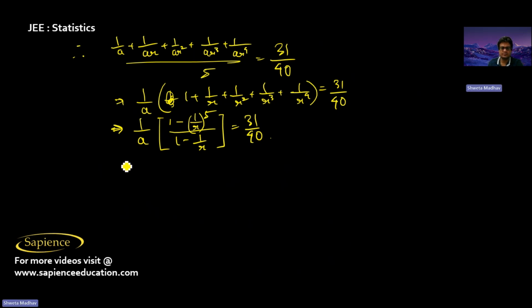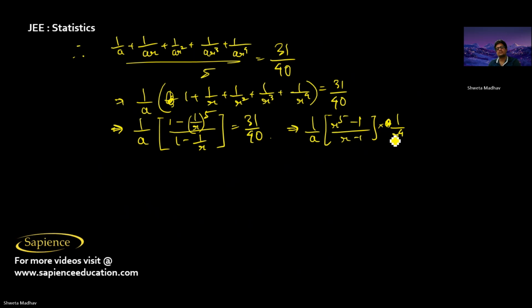So here this can be written as 1 by a into r power 5 minus 1 by r minus 1, into 1 by r power 5 where r power 5 will come as the LCM, and here r will come as LCM, so that r will go up. So this is 1 by r power 4. That is equal to 31 by 40.